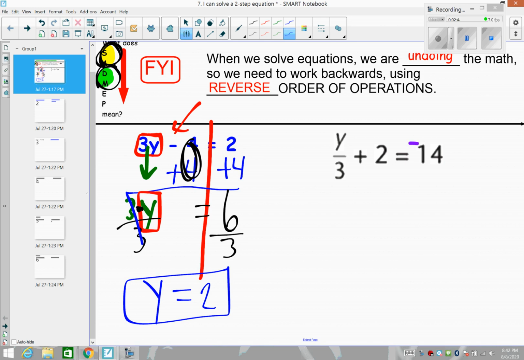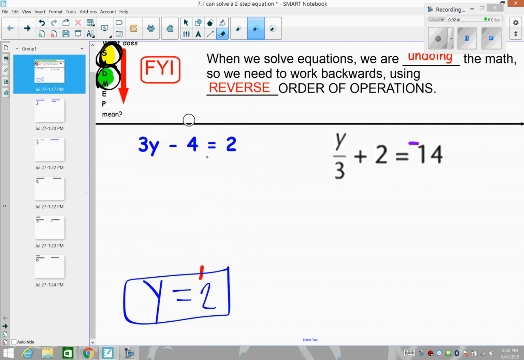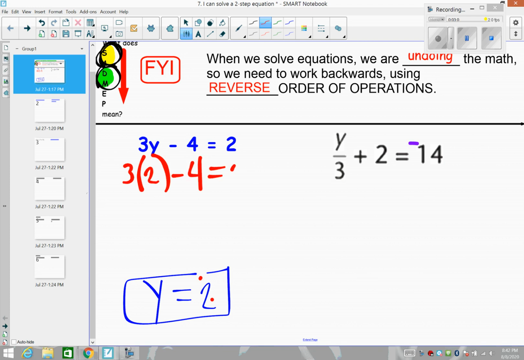I'm going to erase all my work so I can plug back in. And if I have an error, then we can undo and try to see where the error is. So let's see if we agree that the solution is 2. We're going to plug back in. 3 multiplied by 2 minus 4, does that equal 2? If we use the order of operations, that would be 6 minus 4.